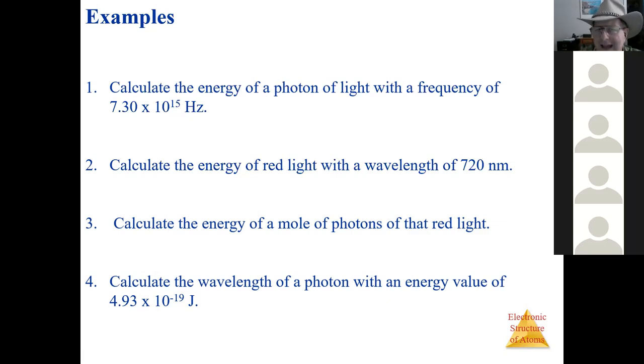Let me back up, sorry. You make the nanometers into meters, and then you divide that into the speed of light to get the frequency. Then you take the frequency and multiply it by Planck's constant to get the energy.